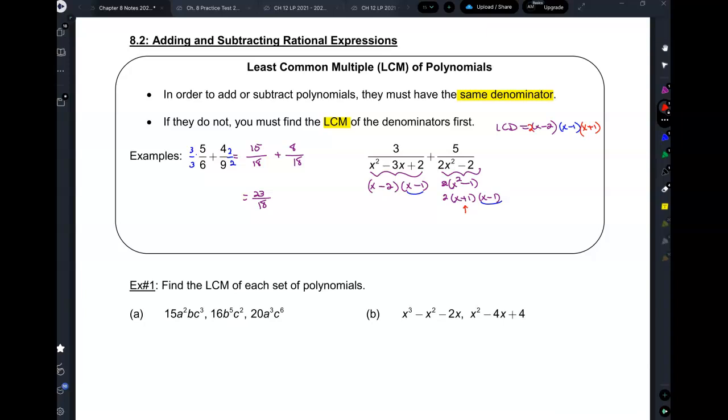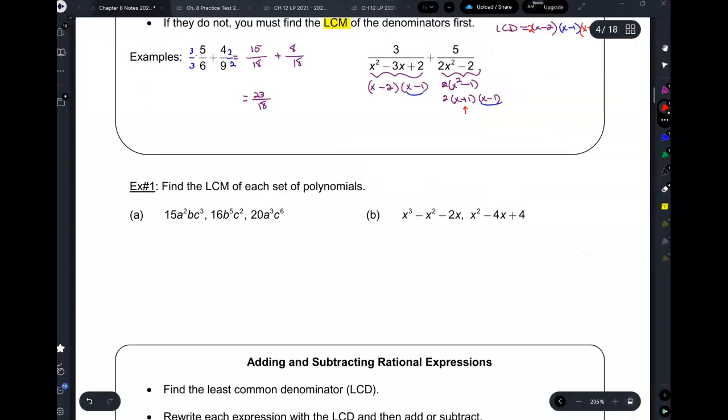So basically, everything here has to be represented in your LCD. The LCD is inclusive so that all of your denominators can go into it. Okay? All right. So basically, you look at all of the factors. What happens to the 2? The 2 is here. Okay.